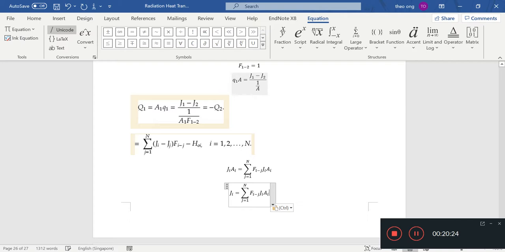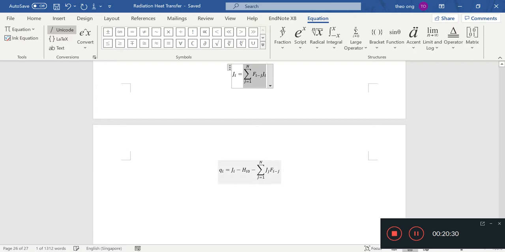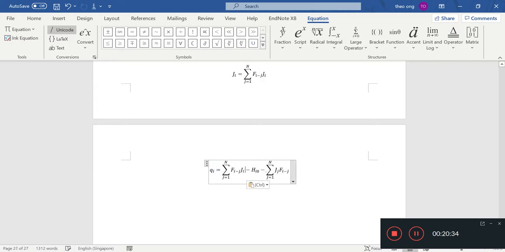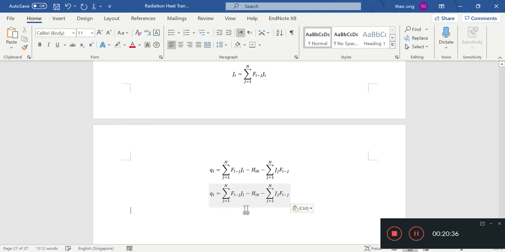I'm not going to elaborate more on this. Basically, I can just substitute this in here. And now you see the similarities. We can start grouping all of this together. We can group these two summations together because they are the same sign, and that's how we get our equation.